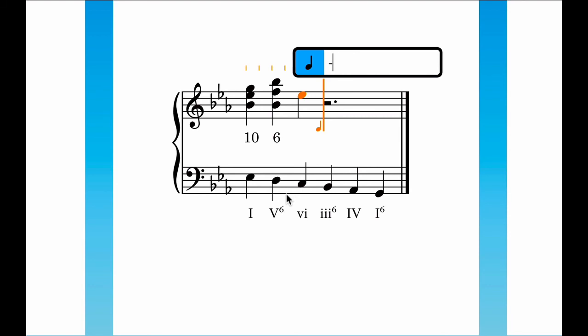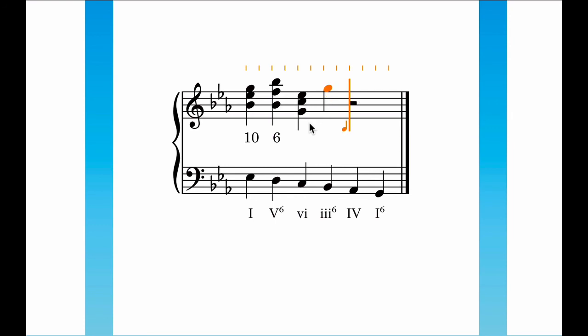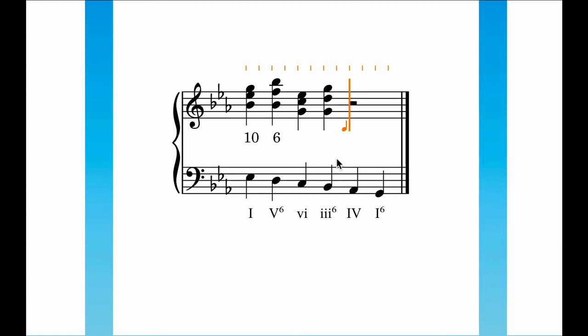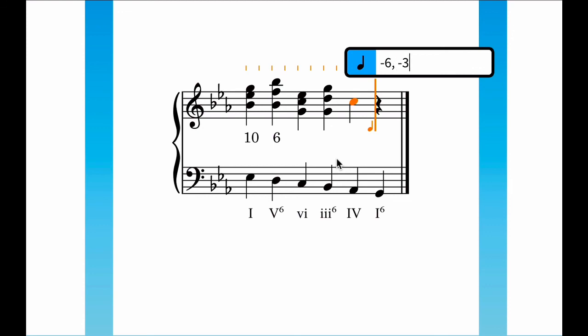So I can do a 6, 3, and then G, 8, 4, 8, 4. So we have that pattern going. And now we go down to C, 6, 3.